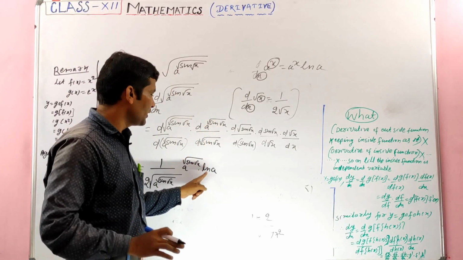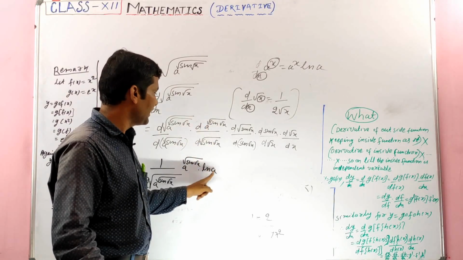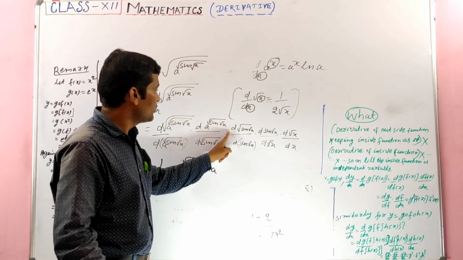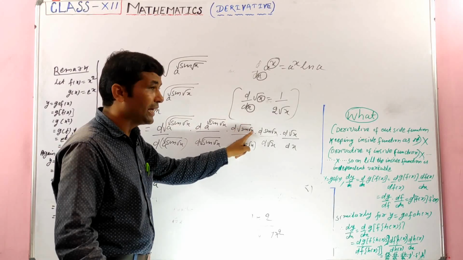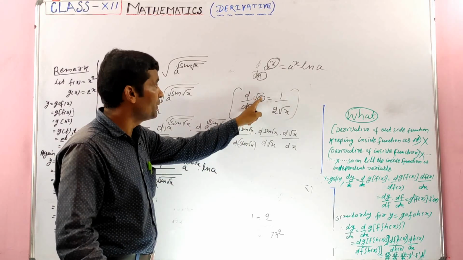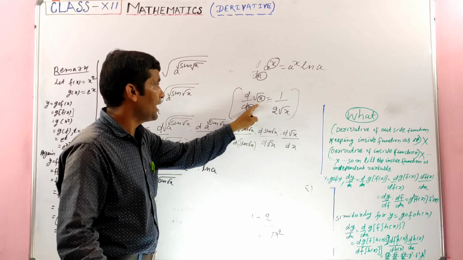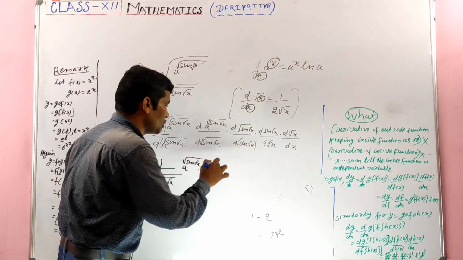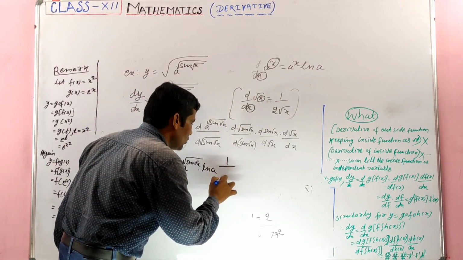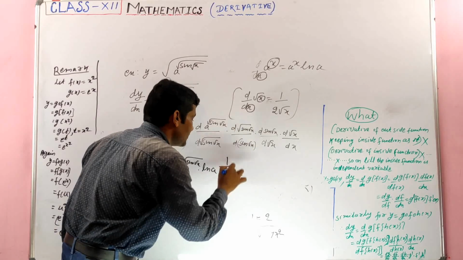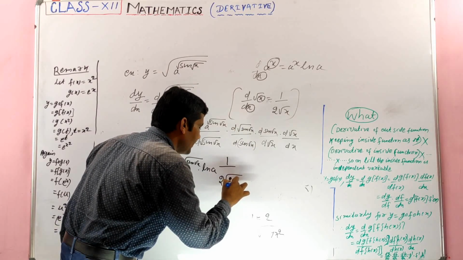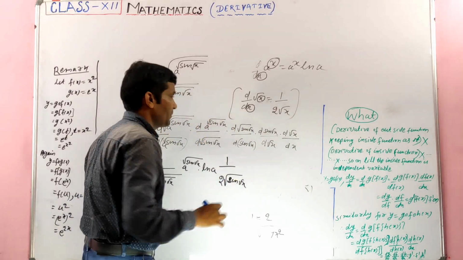If the base is 2, we write ln 2. If it is 3, write ln 3. Now see, root over sine root x means the root formula is again applicable. What formula? 1 by 2 root of sine root x.